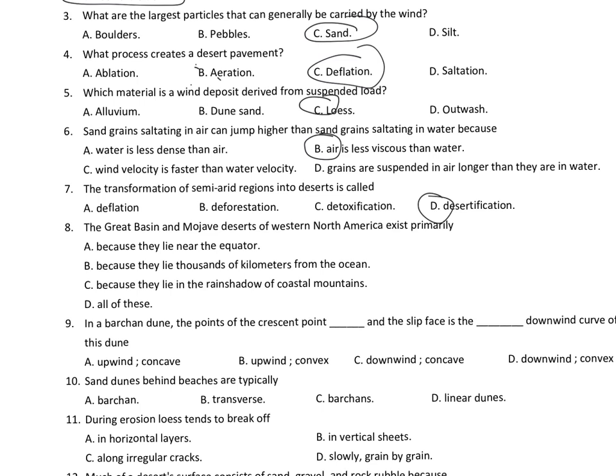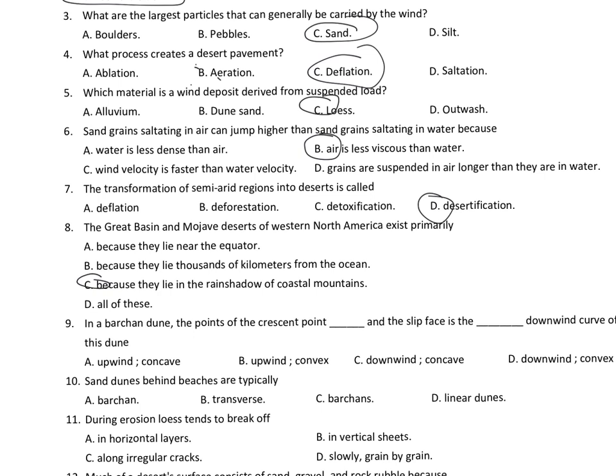And moving right along. The Great Basin and Mojave Desert of Western North America exist primarily because they lie in the rain shadow of the coastal mountains. Then, Barcane Dune, the points of the crescent.